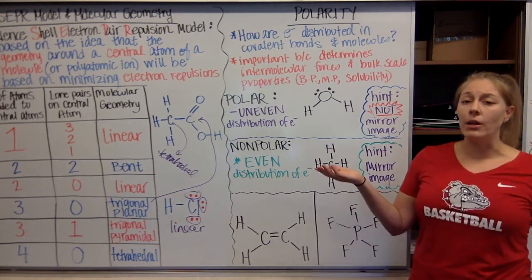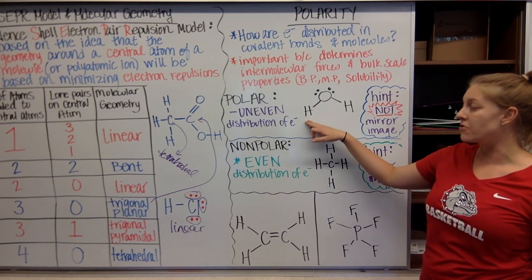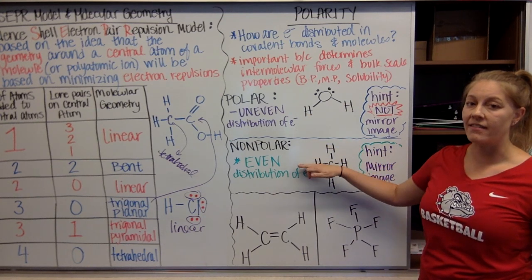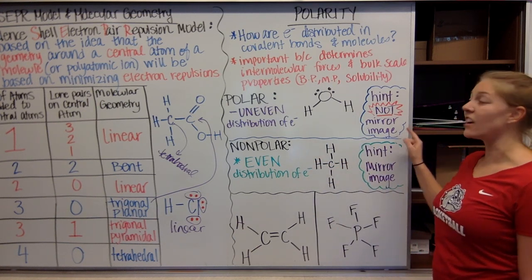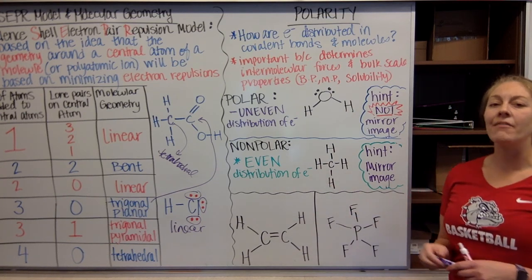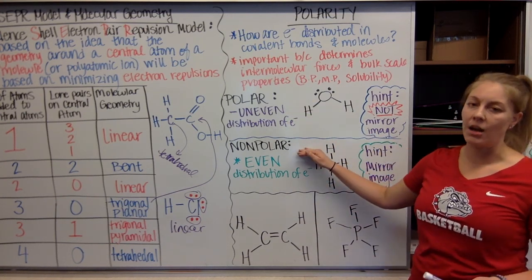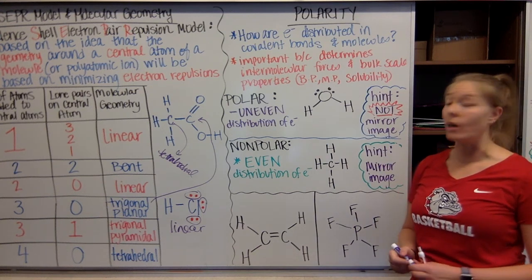In order to tell if a molecule is polar, we're actually going to look, yes, for the uneven distribution of electrons versus for nonpolar, the even distribution of electrons. But the hint here is, is it a mirror image? That's the easy way of seeing whether it is polar or nonpolar. And again, this will come up when we're looking at properties of molecules.